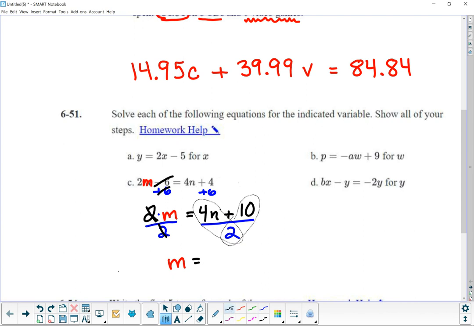So 4n divided by 2 actually makes 2n plus, and 10 divided by 2 makes 5. And so in this case, this right here is your only answer.